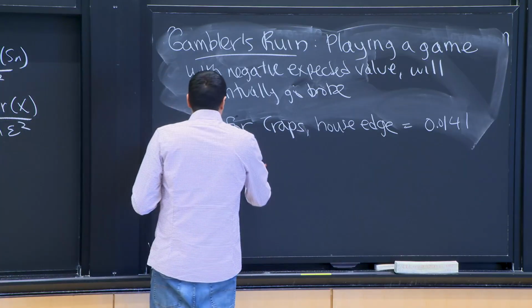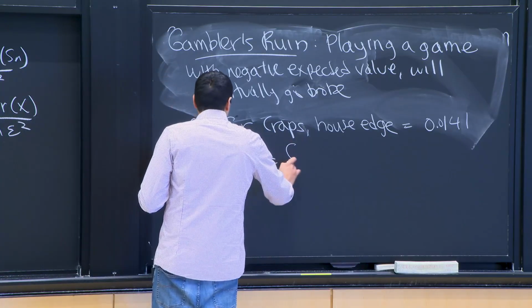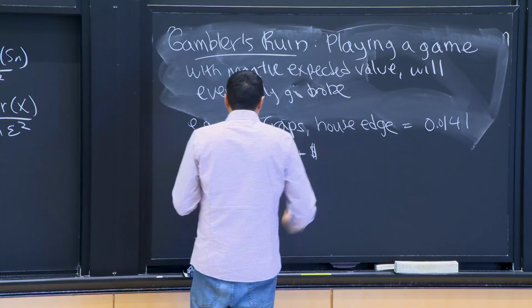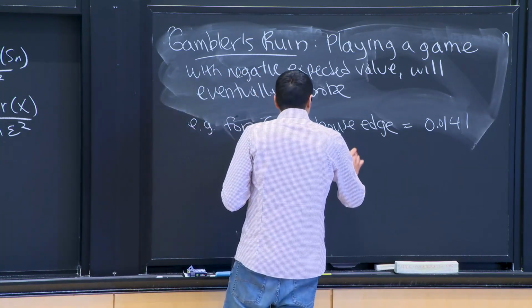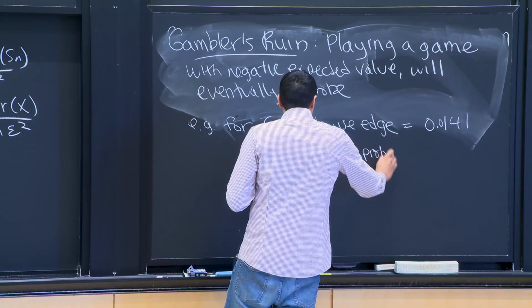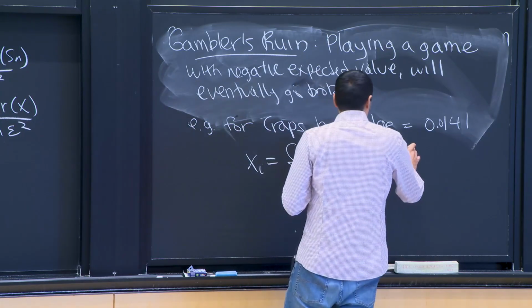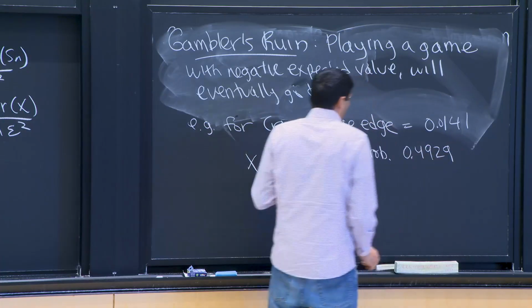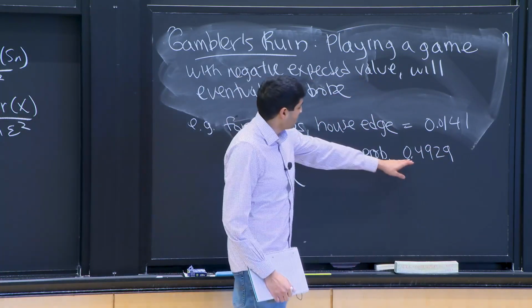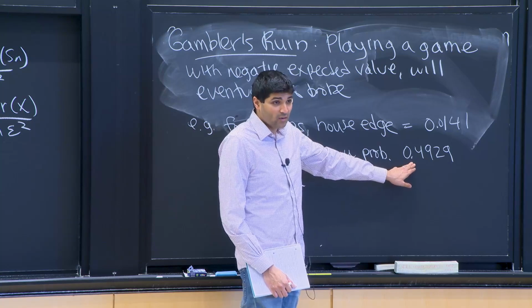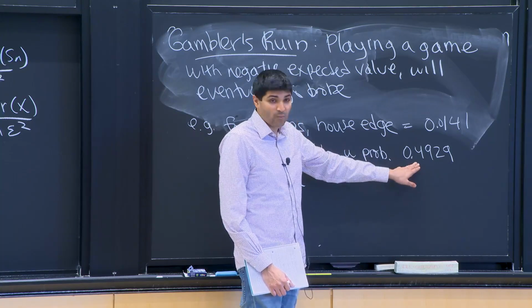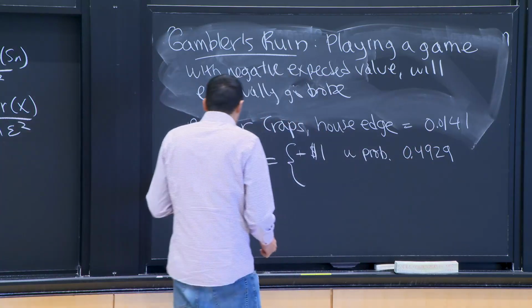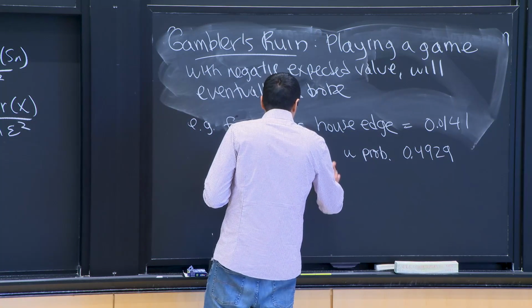So we can think about a simplified version of making that bet in craps, where with some probability you're going to win $1. And what is that probability going to be? Well, it'll be 0.4929, because you want the probability that you lose minus the probability that you win to equal this house edge. And otherwise you're going to lose $1.